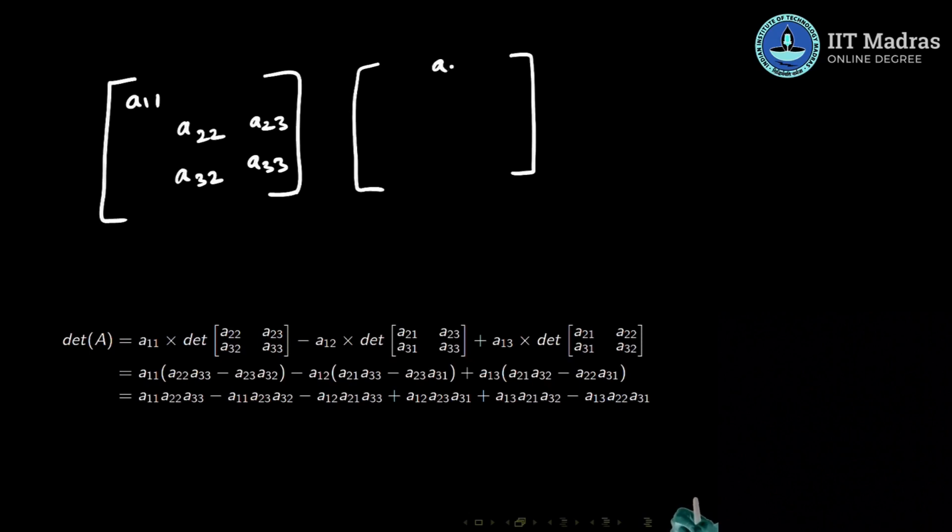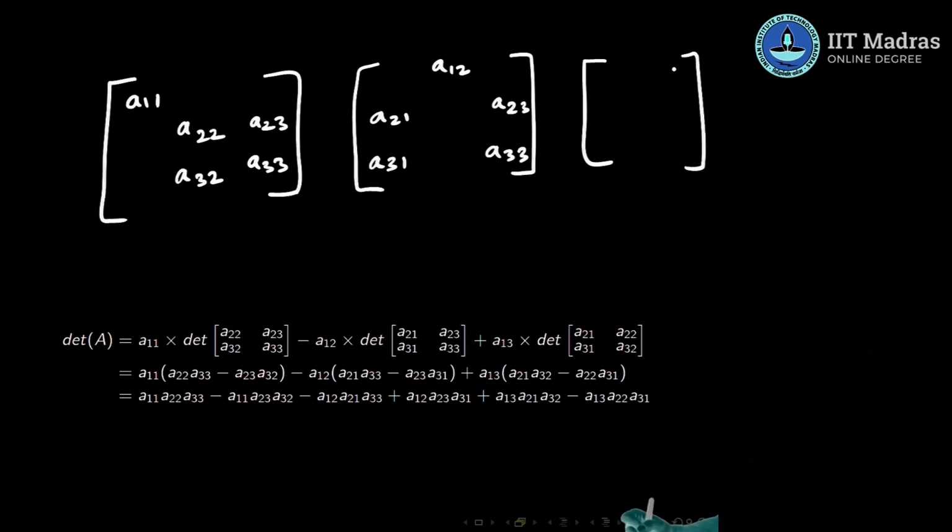Similarly, the second expression looked like this, A12 and then A21, A23, A31, A33, and the third expression looked like A13, A21, A22, A31, A32. Okay. So, you can see what has happened.